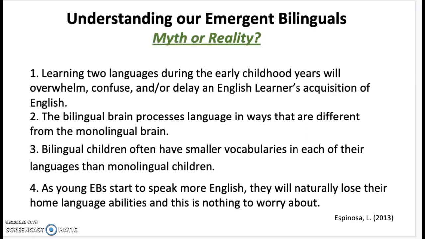If Dr. Kirsch or someone would be able to pass out blank flashcards to everyone, you're going to fold it in half. And on one side, you're going to write myth. And then on the other side, you're going to write reality. You can also use this for true and false or yes and no, depending on the level of your students or the needs of your class.